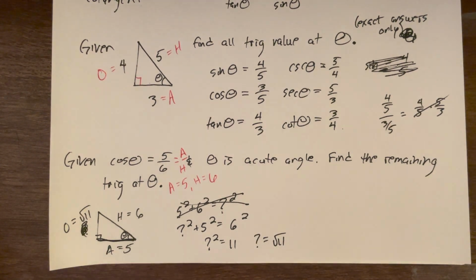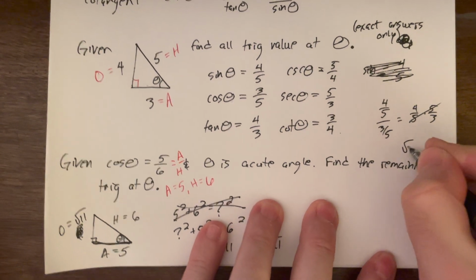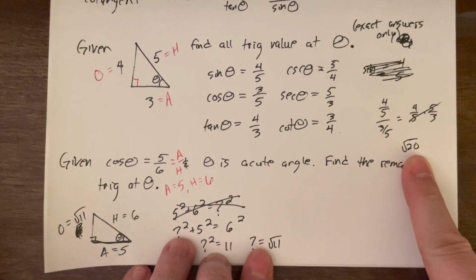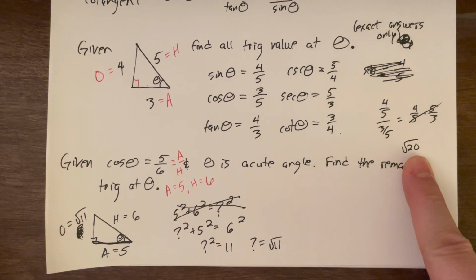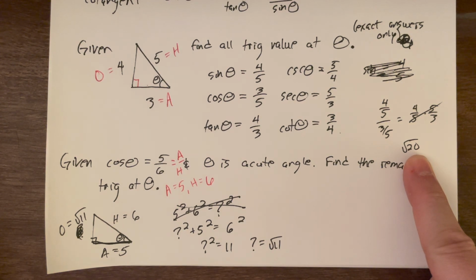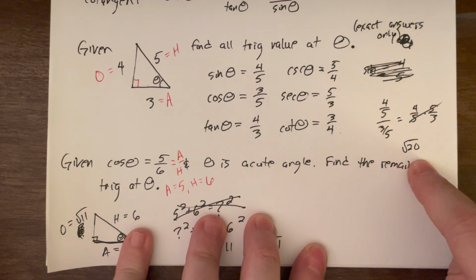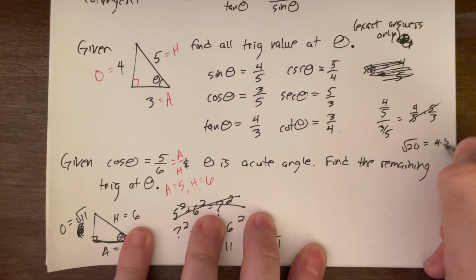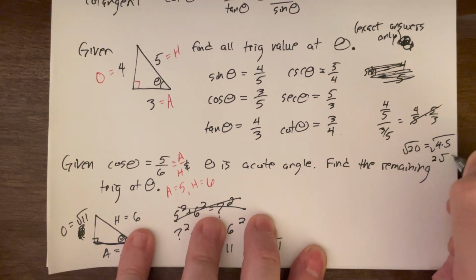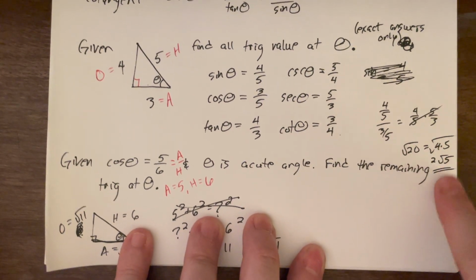The only thing we would say is if we got something like the square root of 20. Let's just pretend for a moment that we got that as our third side. It's not a perfect square. I mean, if we get a perfect square, right, the square root of 25 is 5. That's great. Don't even hesitate with that. But if it's not a perfect square, but it has a perfect square as a factor, like 20 is 4 times 5, don't forget that little bit of cleanup here.